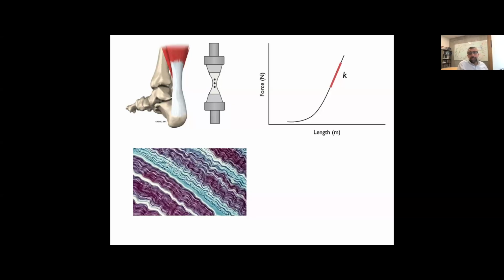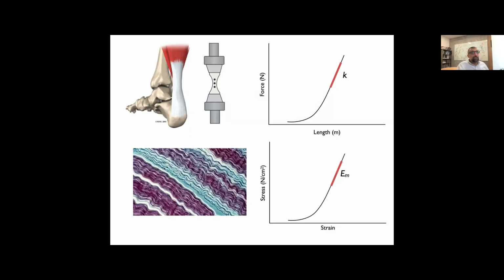So we have some nonlinearity that's interesting, and then we can normalize this so that we can compare across sizes or different systems. If you normalize force by cross-sectional area and normalize the length change as a proportional length change, we can then get to something that's much more comparable across systems, which is the elastic modulus rather than the stiffness itself.